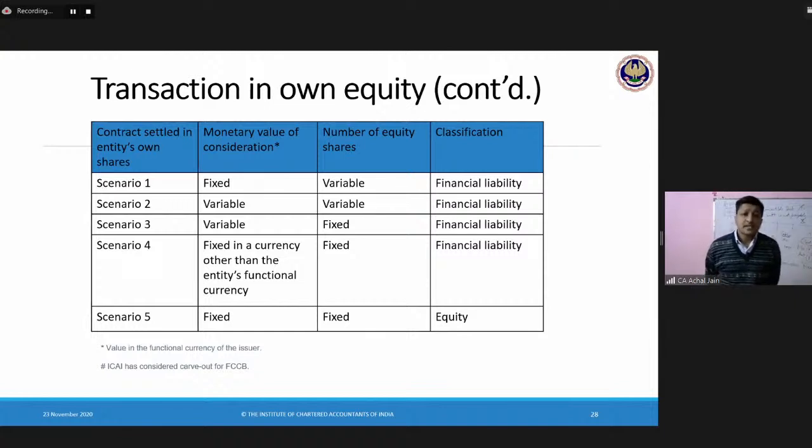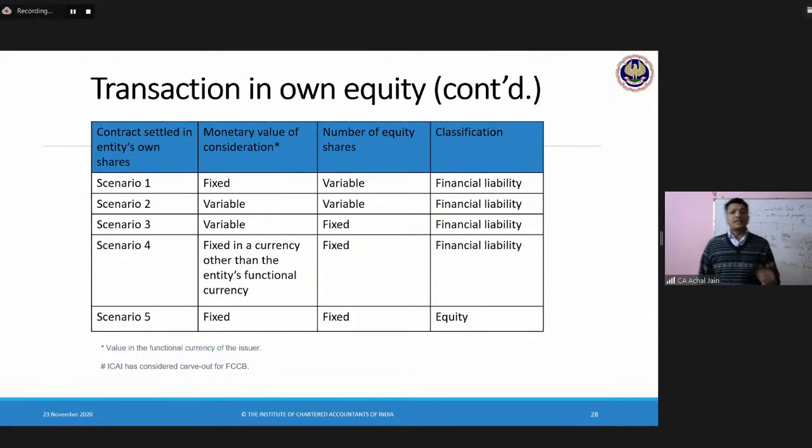But in this table, what do you see? Whenever there is any variability, such a variability will make such an instrument a financial liability instead of keeping it as equity. But if you look at scenario number 1, in that scenario both the elements are fixed.